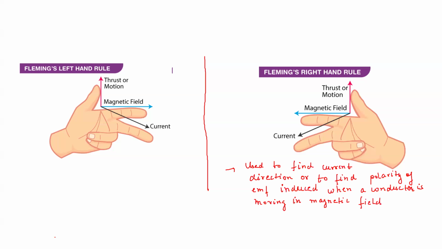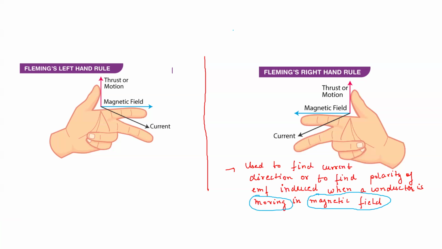So, what all things are we provided with? We are provided with the magnetic field. And then we are saying that this conductor is moving.